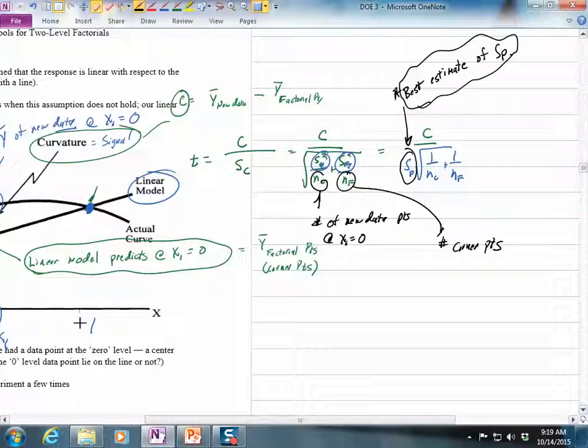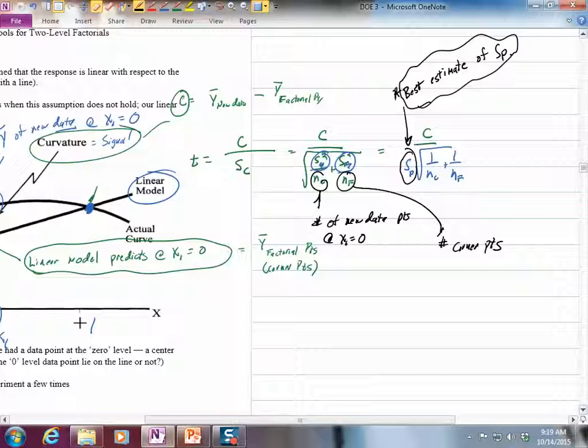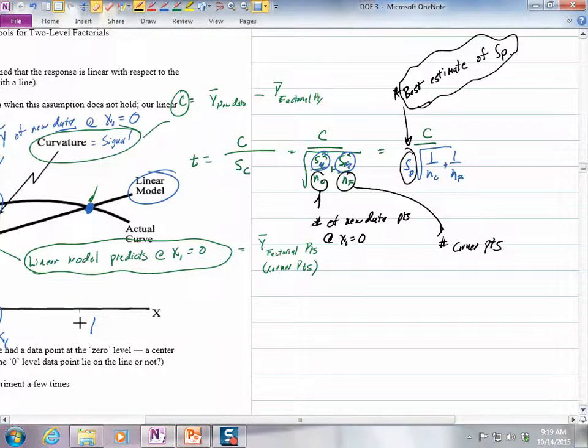All right. Any questions on that? Does that make sense? This is just a statistical test on the difference between two means. It's the means of the new data taken at the center minus the average of all the corner points, which is what our linear model would predict at the center.